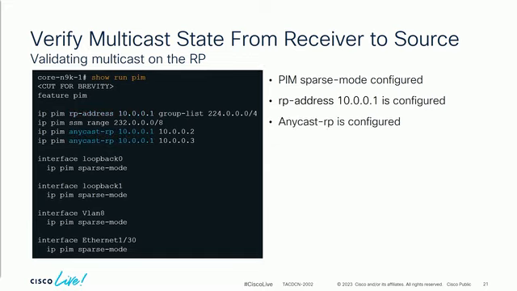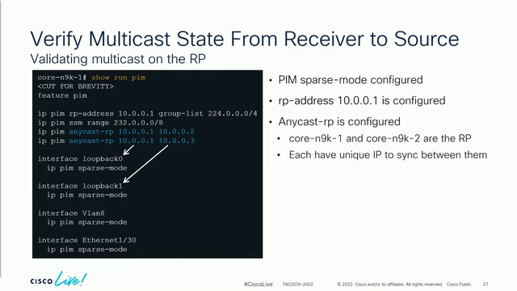Now, there is a special configuration here called Anycast RP. What this configuration does is allow Core 1 and Core 2 to both operate as the rendezvous point. If you were to look at the configuration of loopback 0, we would see this IP address configured on both Core 1 and Core 2. There's a second set of IPs here, and these IPs are unique on both of these switches.